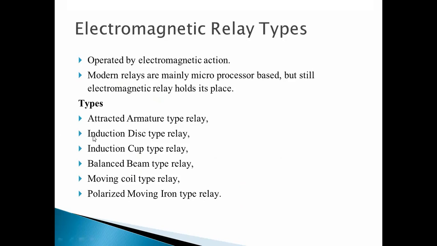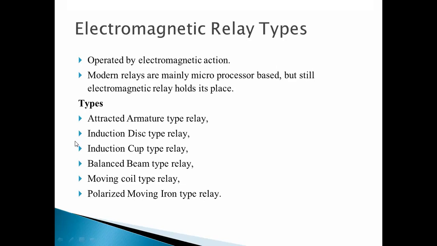So different types of these electromagnetic relays are: first the attracted armature type, then induction disc type, induction cup type, balance beam type, then moving coil type, and polarized moving iron type relays, right? These all are the electromagnetic relays, right? So we have seen that after that the modification was done and static relays came, right?